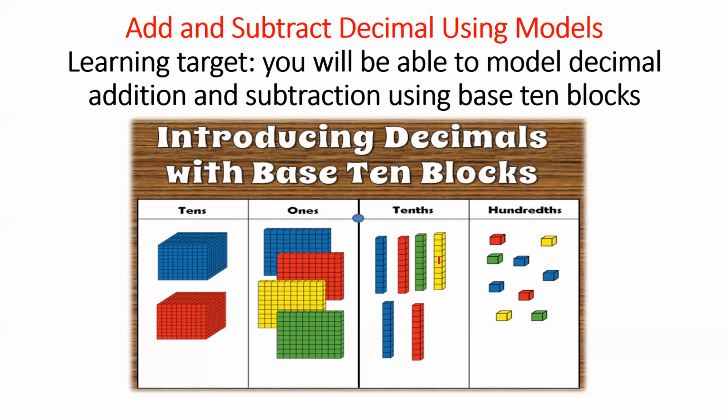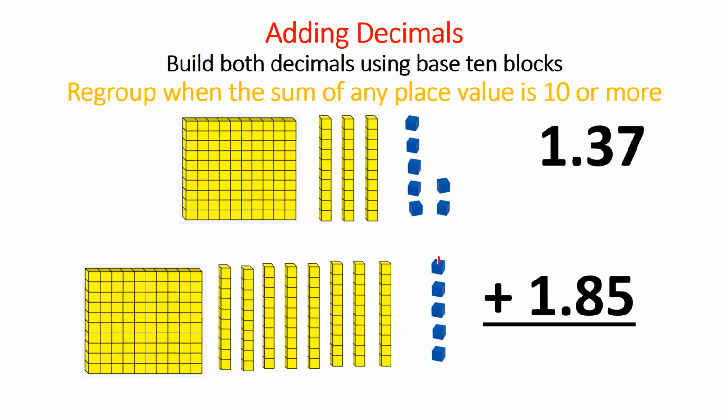The first thing we need to think about is that when adding decimals, you're going to be given two numbers. You're going to want to build both of those decimals using base 10 blocks. The first number is 1 and 37 hundredths.